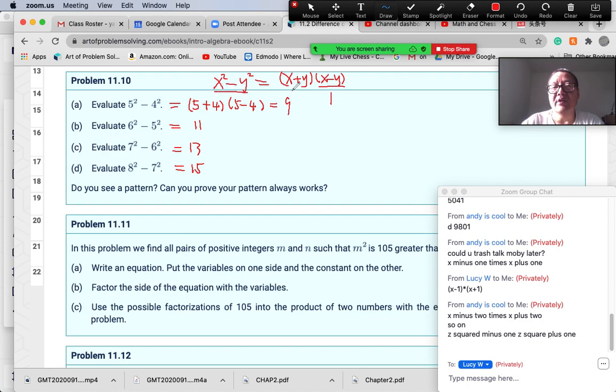Then the result just equals the sum of these two numbers, which gives you the answer. So that's the reason why we can immediately write the answer: this one equals 11, this one's 13, this one's 15. Okay, so you already found that pattern, right?